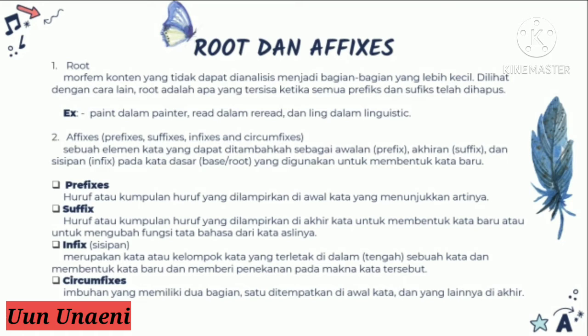A root is the irreducible core of a word, with absolutely nothing else attached to it. It is the part that is always present, possibly with some modification, in the various manifestations of a lexeme. Many words contain a root standing on its own. Roots which are capable of standing independently are called free morphemes.